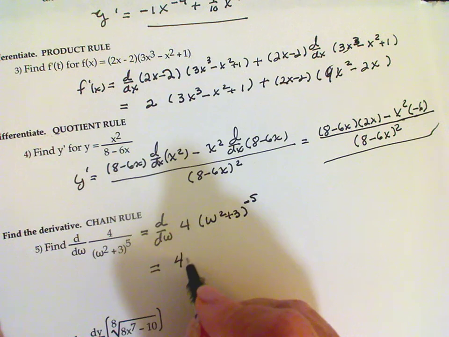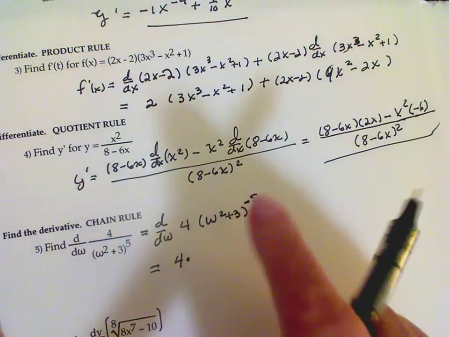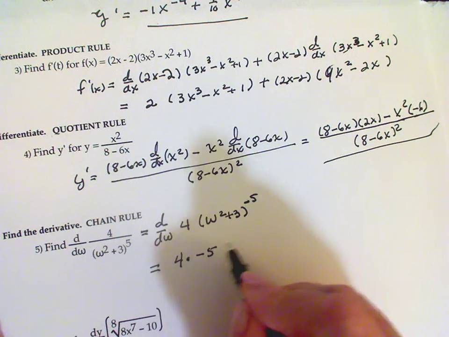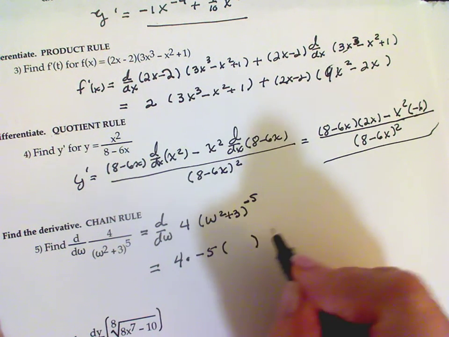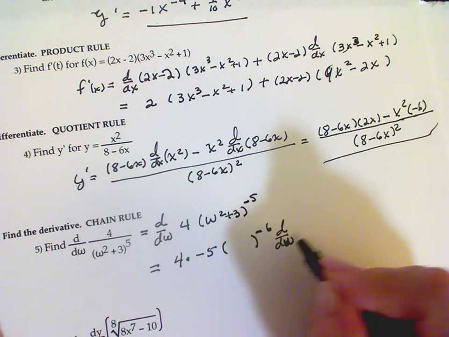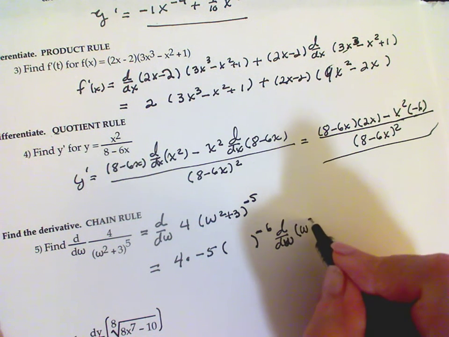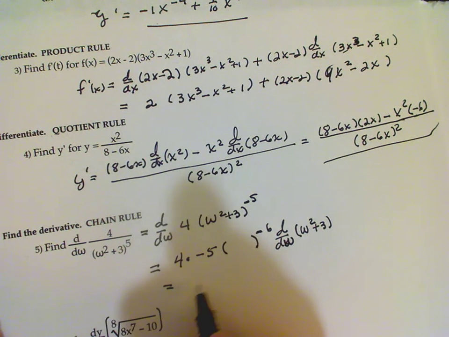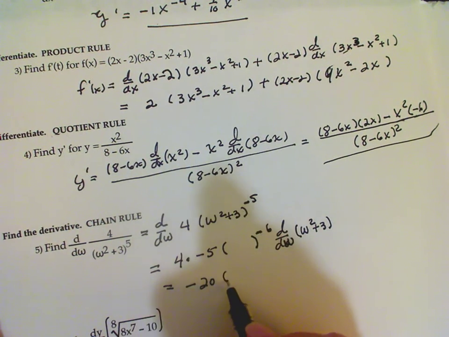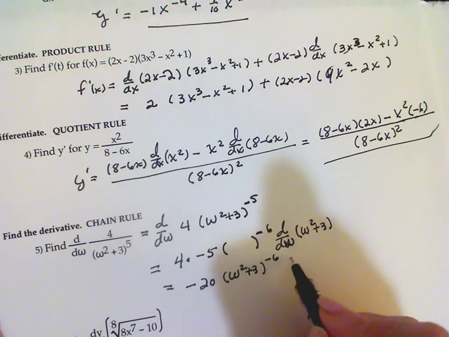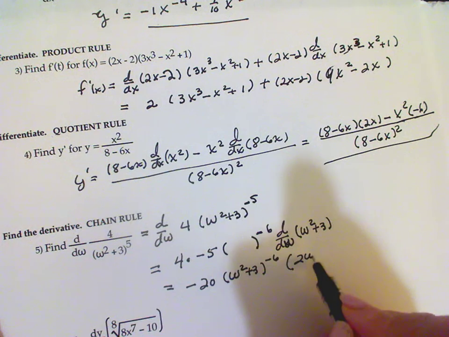So this becomes 4 times the derivative of this guy, negative 5 times the blob, drop it a power, times the derivative of the blob. So this is going to be minus 20 times w squared plus 3 to the negative 6 times 2w.